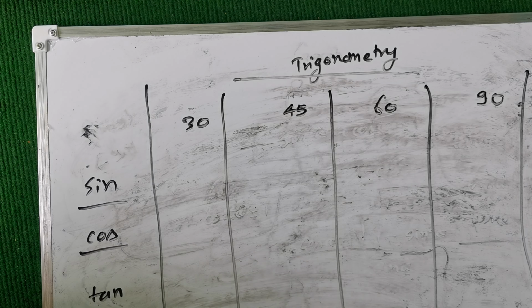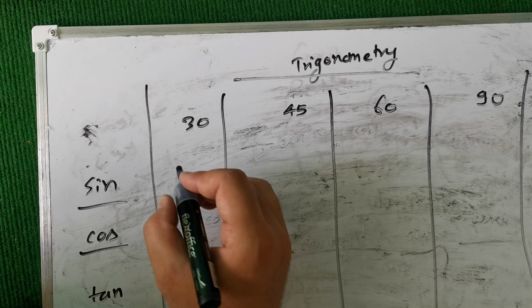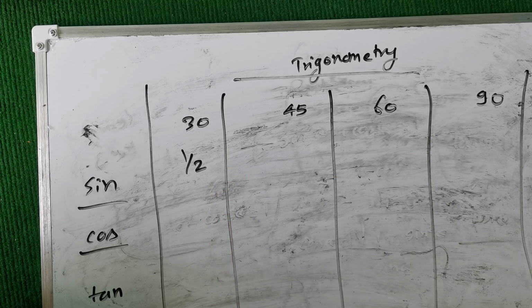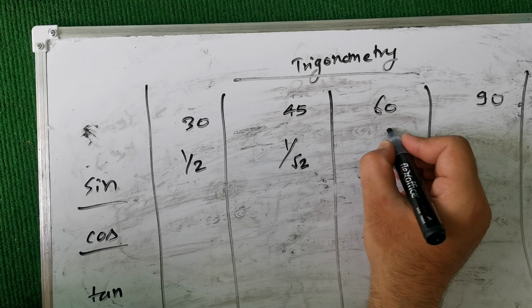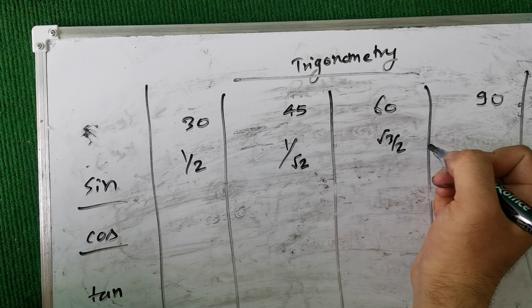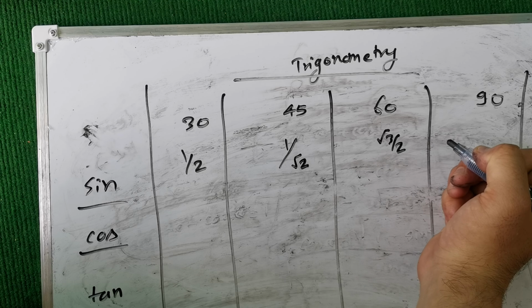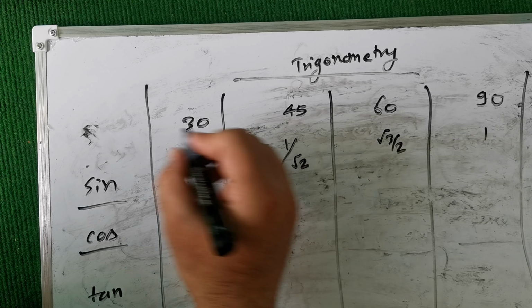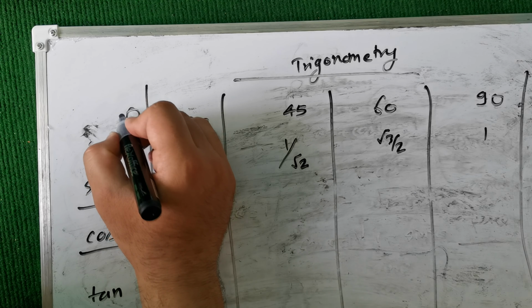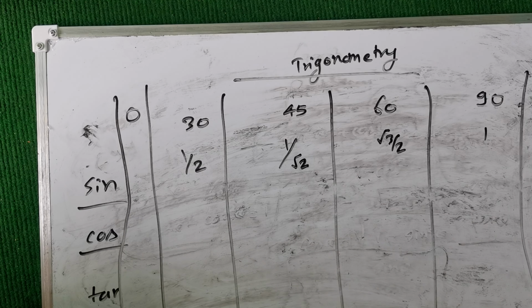Sine 30. What is the value of sine 30? 1 by 2. Sine 45, 1 by root 2. Sine 60, root 3 by 2. Sine 90, what is the value of sine 90? Can you tell me? 1. Here I forgot 0. Okay, sine 0 is 0.